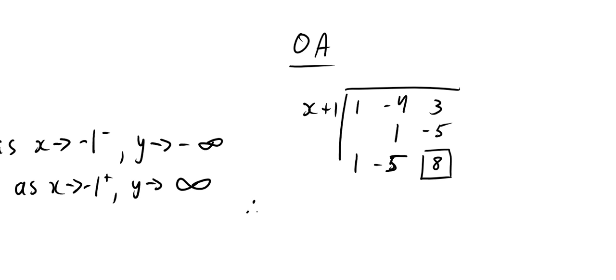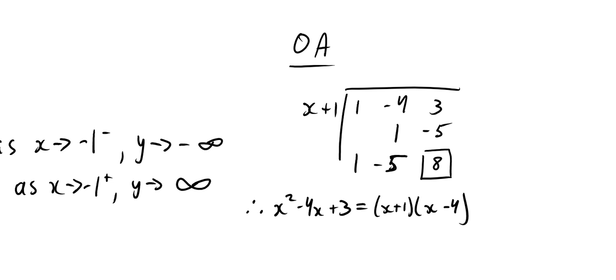Write your division statement. This isn't f of x, because f of x, when we first learned this, but it's not now because f of x is the function we're sketching. My first statement here is x squared minus 4x plus 3, so it's like this thing, right? Equals x plus 1 times x minus 5.